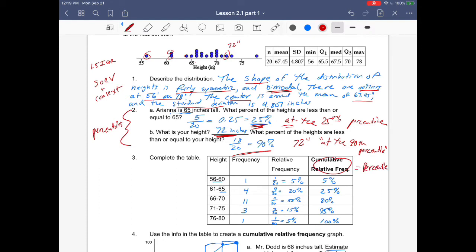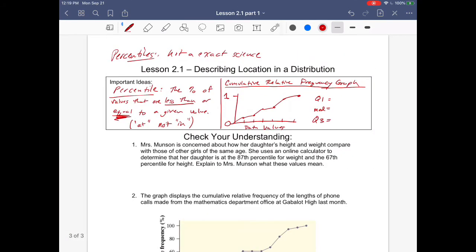All right, when you see that the 70 inches right here is the 80th percentile, a cumulative relative frequency graph is effectively a percentile graph. So let's look at these specific things.